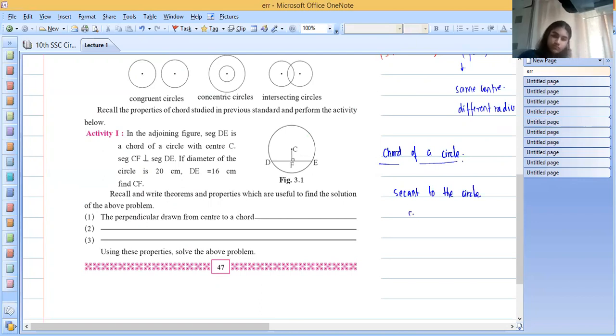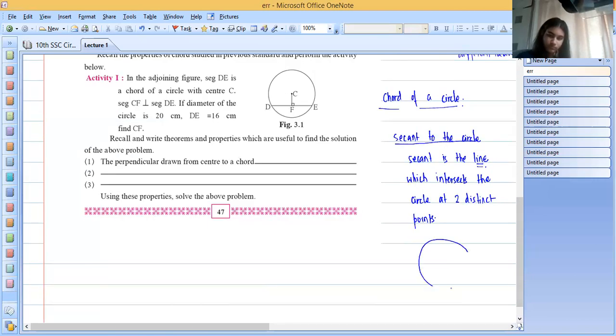A secant is the line which intersects the circle at two distinct points. So a secant is a line.